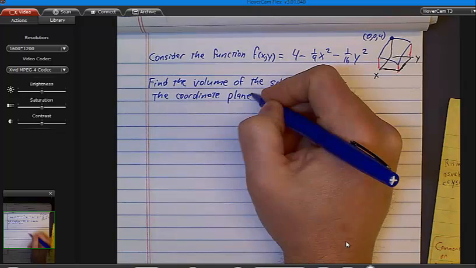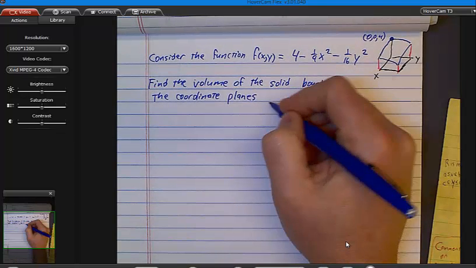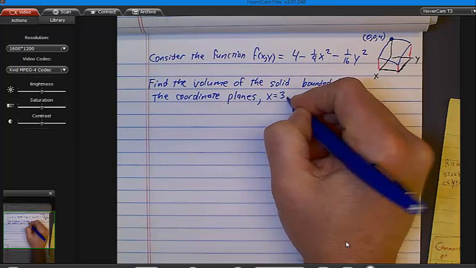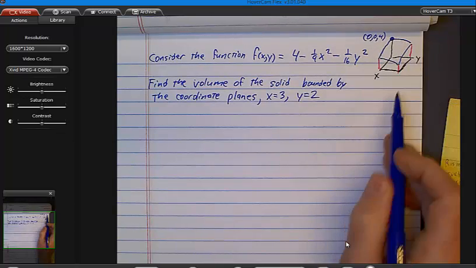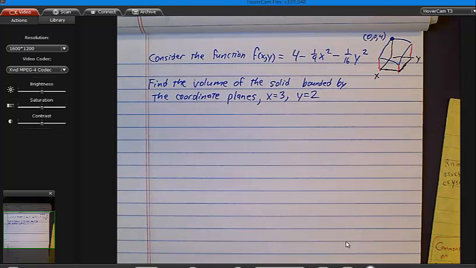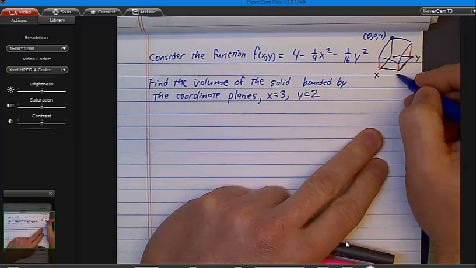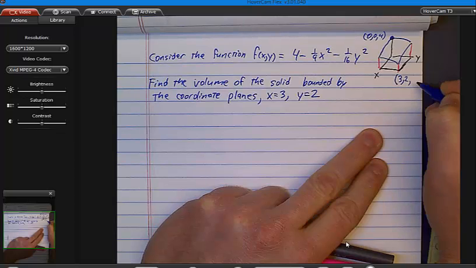So I want to find the volume of this solid. It's bounded by the coordinate planes, the plane x equals 3 and the plane y equals 2. What point is that? We could compute it. If we plug in 3, 2, what's the output?